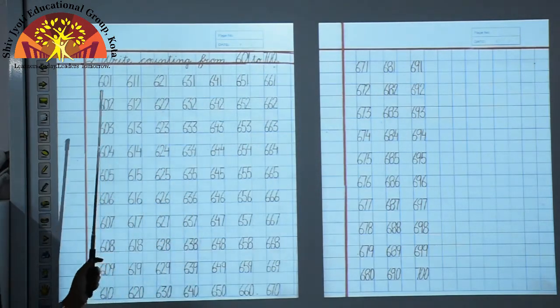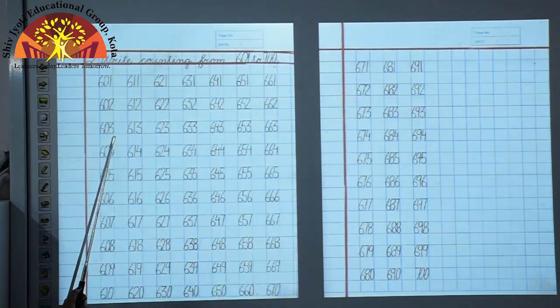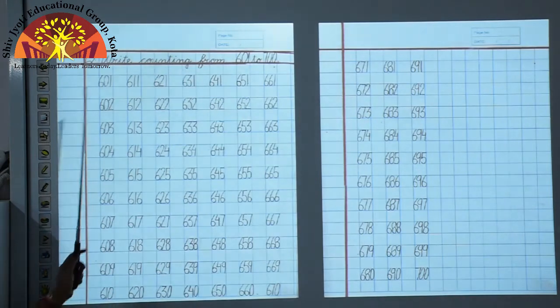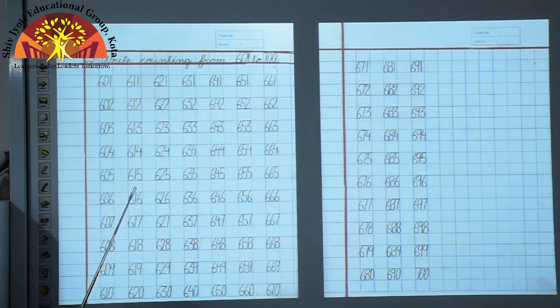So start 601, 602, 603, 604, 605, 606, 607, 608, 609, 610, 611, 612, 613, 614, 615, 616, 617, 618, 619, 620.